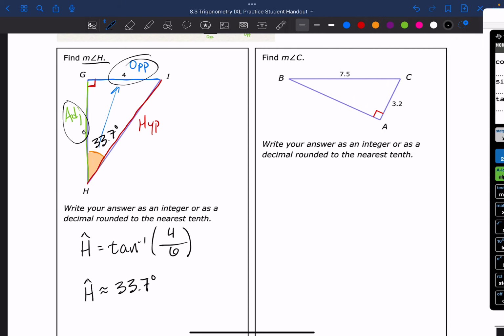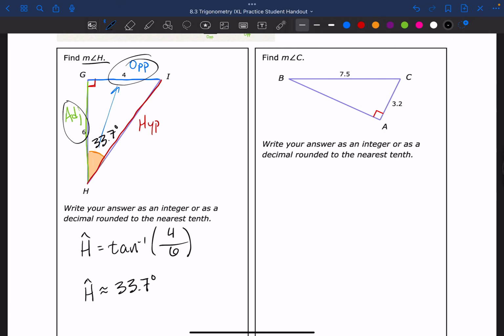Let's do the last one together. What am I looking for? Angle C. This is the angle that I'm looking for. That is my theta. So let's label real quick. 90 degrees. Hypotenuse is right here. The side opposite to the angle that I'm looking for is the opposite, and the side next to it is my adjacent.